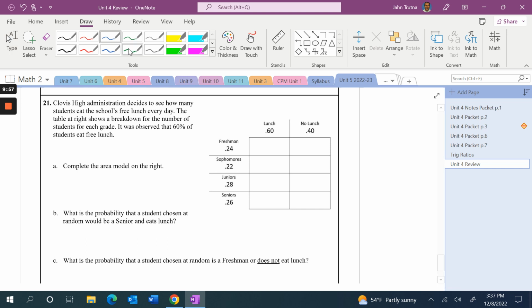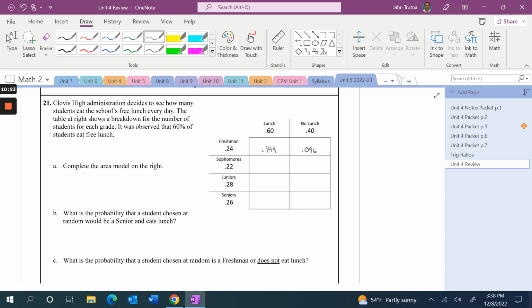So the area model here to complete it, we're just going to be multiplying the two intersecting values together. So you would multiply 0.24 with 0.60, that's 0.144. That's what goes there in the area model. To get the area model over here at the top right, you would multiply 0.24 with 0.40, which is 0.096.